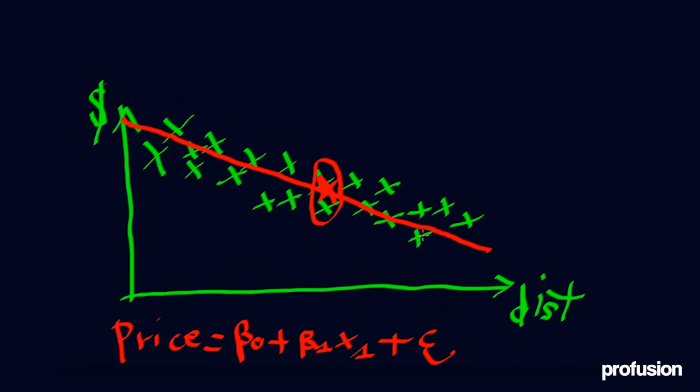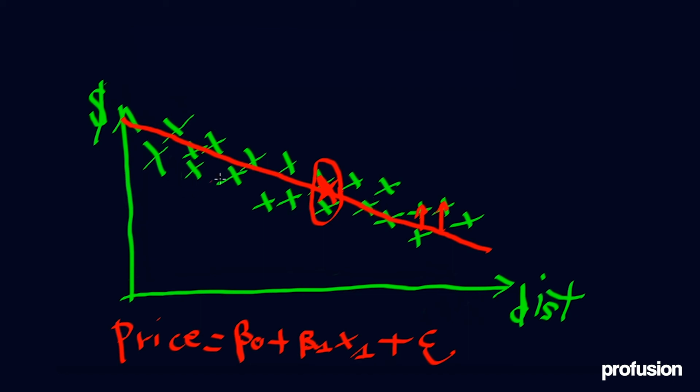So there is some noise, there's some randomness, and so this epsilon term takes account of that randomness. So if you look at this distance here from the line to that true value there, that's a bit of noise. Or from here to this guy, that's a bit of noise.